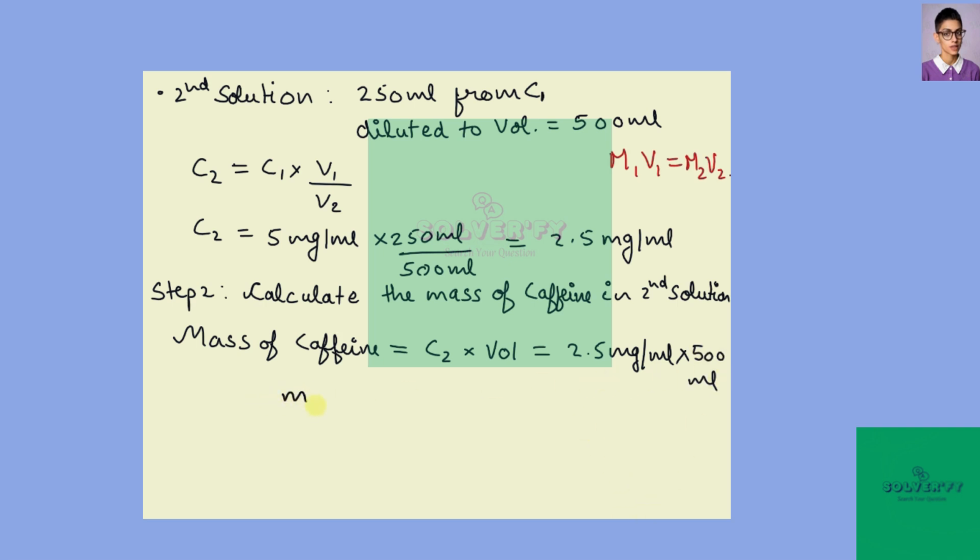So the mass of the caffeine is equal to 1250 milligram. In gram it will be 1.25 grams. So this is the mass of caffeine in the second solution.